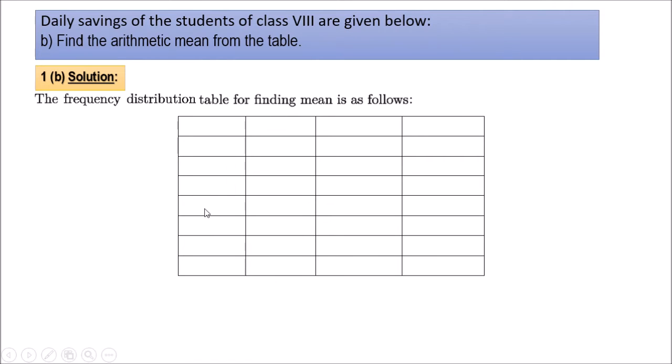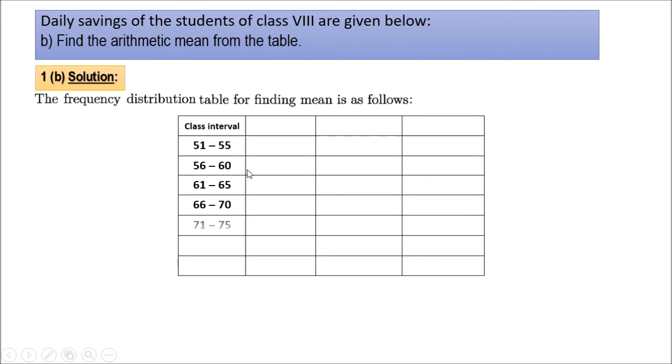In the first column we write class interval. In the second, the frequency. The third one is class mid value, and the fourth one is fi xi.